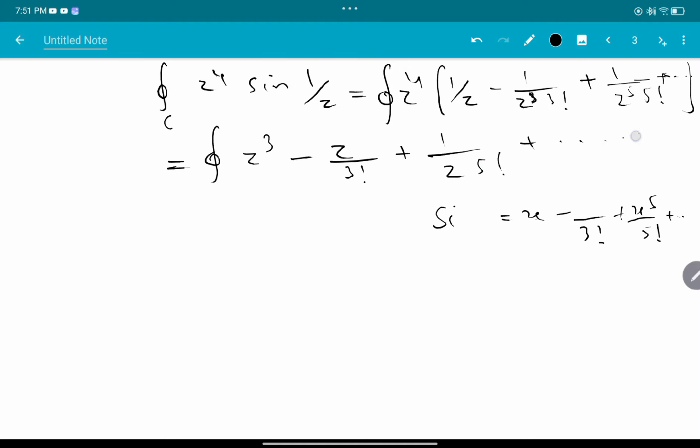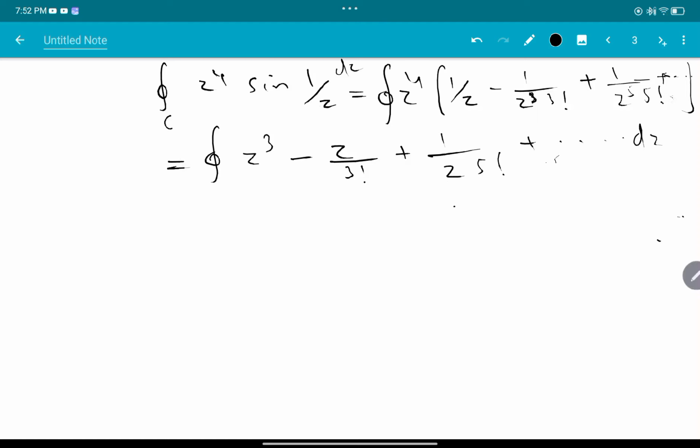Now you have this expression. You can see yourself that from this term onwards we will get higher negative powers of z, for example z^-3, z^-5, z^-7 and so on.